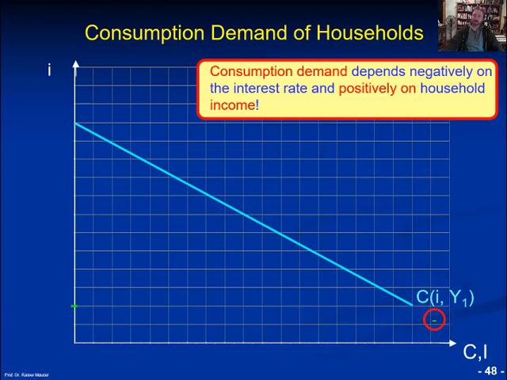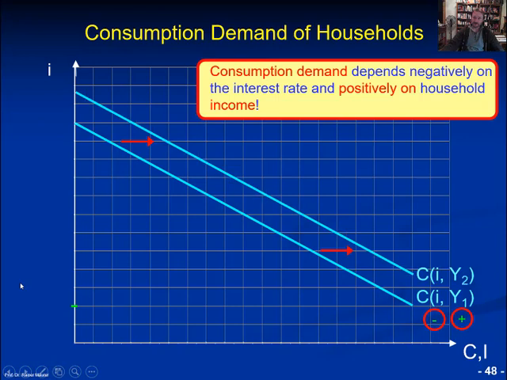In such a diagram we have to shift the consumption function to the right or upward if income grows. So household income is a positive shift parameter of consumption demand. An increase of household income increases consumption.